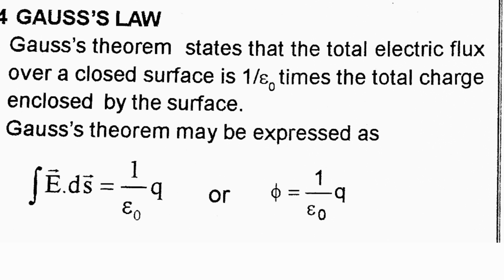Gauss's theorem states that the total electric flux over a closed surface is 1 by epsilon 0 times the total charge enclosed by the surface.